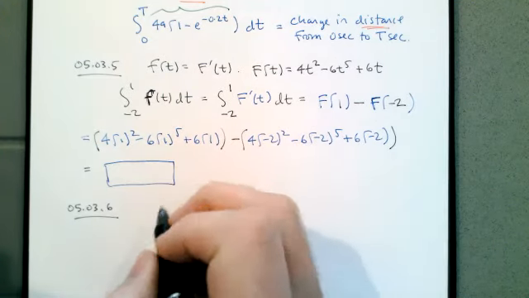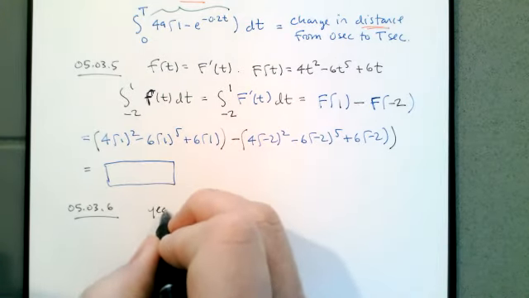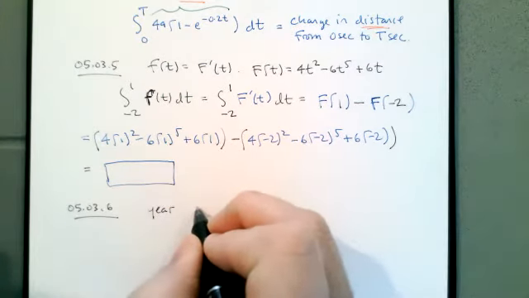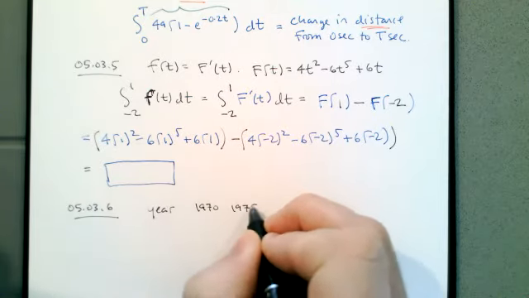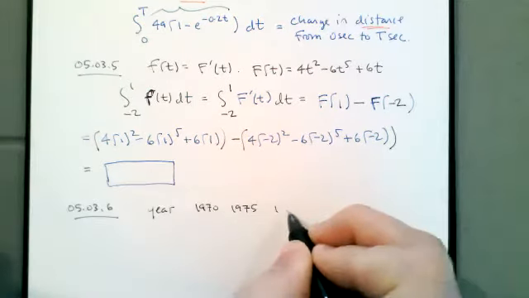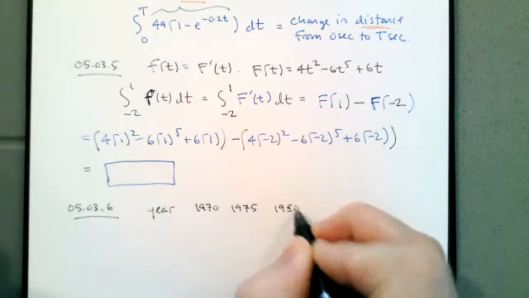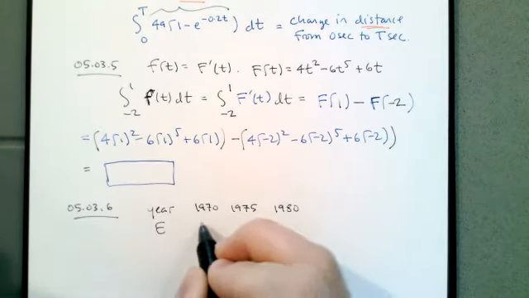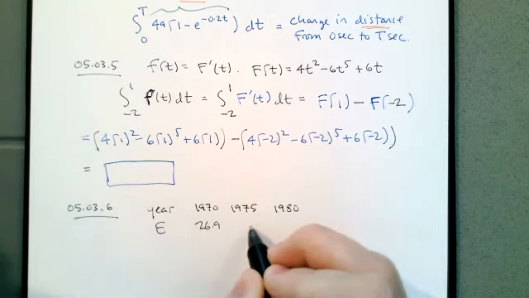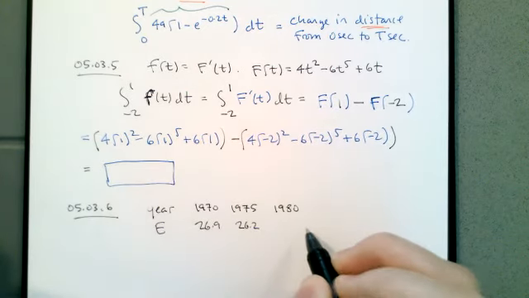Our function is our year in one category, so 1970, 1975. I'm not going to write all of them. And our emissions, E, is 26.9, 26.2, and 27.4.